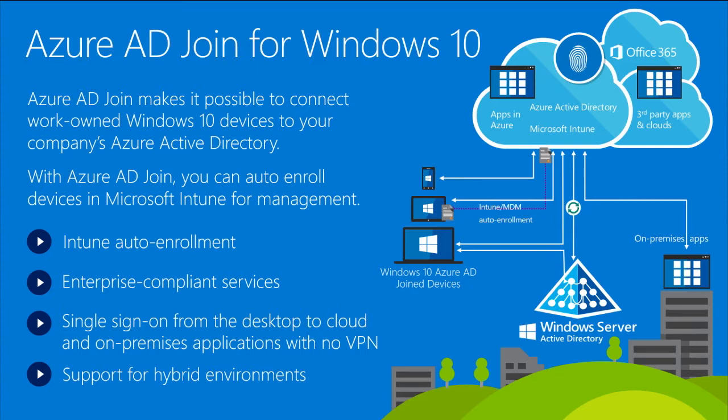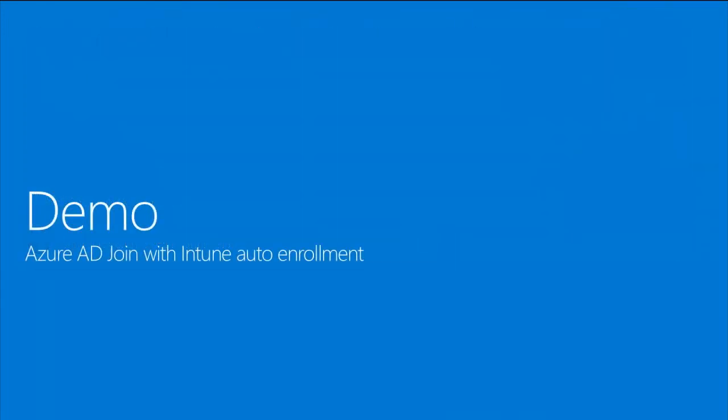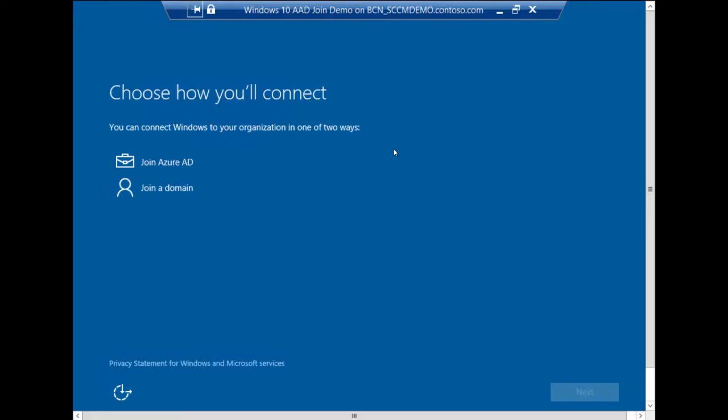And then the process starts whereby the device is registered with Azure Active Directory, enrolled into Intune, and it's under management. So for a quick demo of that, let me cut over to my demo host again.